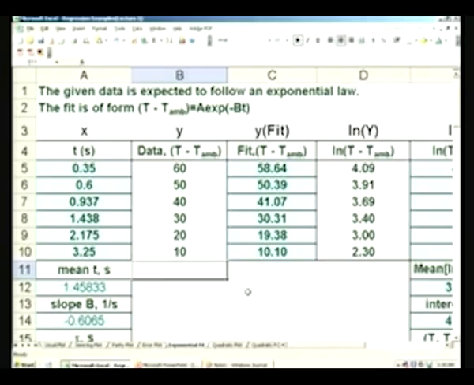So, I am going to first introduce Excel as a program environment, indicate how it can be used, and then immediately follow it up with the example, which is going to be a linear regression example, and I will indicate how it is done in a very easy fashion.